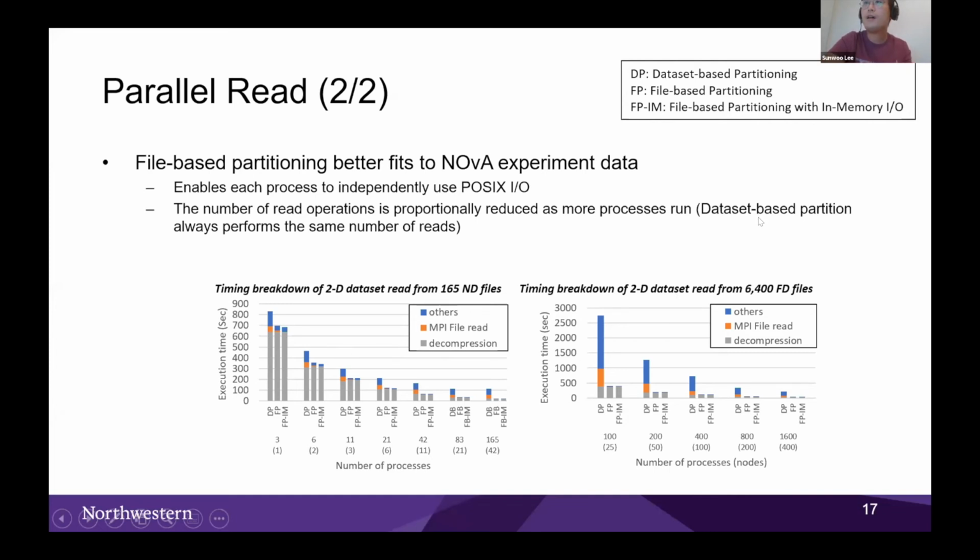For the FD files, the metadata handling cost is reduced dramatically when we use file-based partitioning, because the total amount of metadata each process has to handle is proportionally reduced in the file-based approach. So in this specific case, we found that file-based partitioning is better.